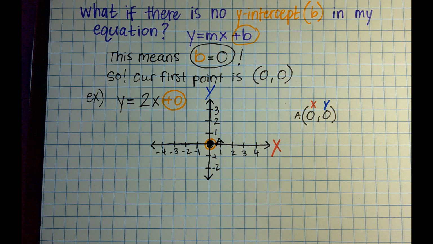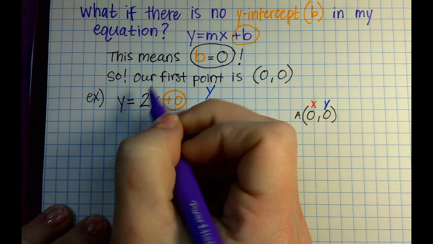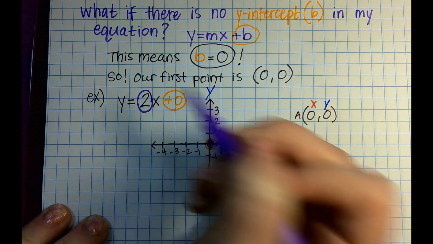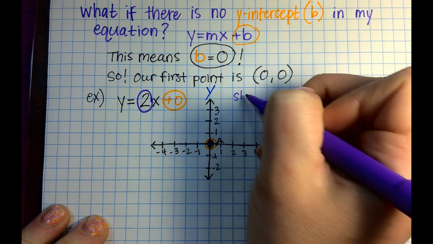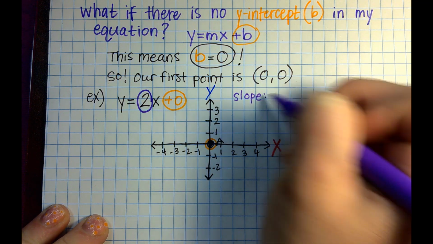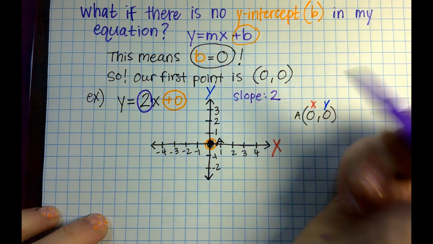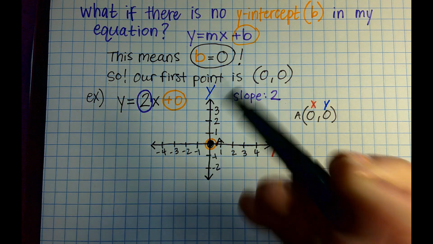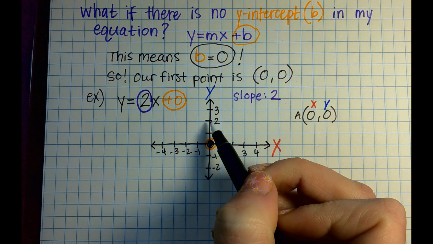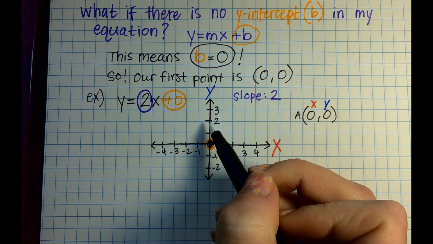And how do I find my next point? Yes, I'm going to use my slope. My slope is 2, so I go up 2, but my slope's a whole number. What do I need to do?